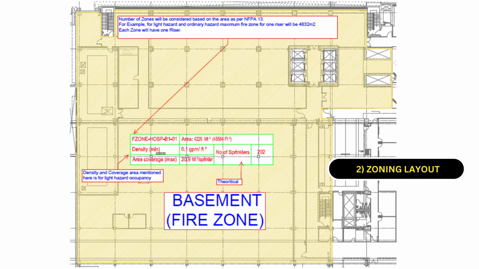For example, for light and ordinary hazard, maximum fire zone for one riser will be 4832 square meter. So, since our area in this particular project is 4229 square meter, we will consider one zone and we will have one riser.